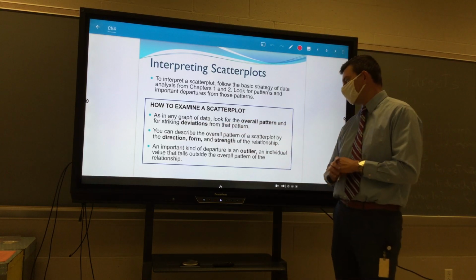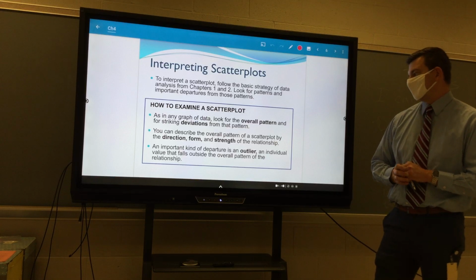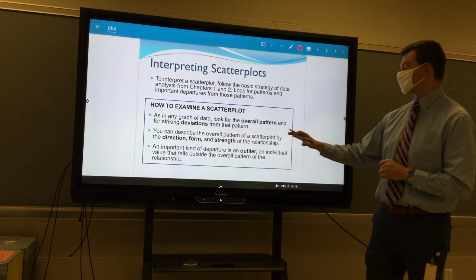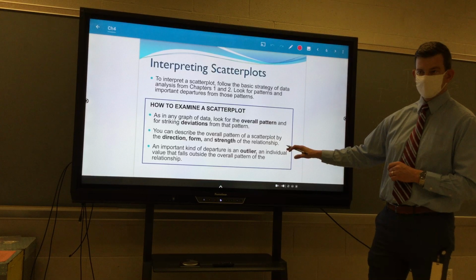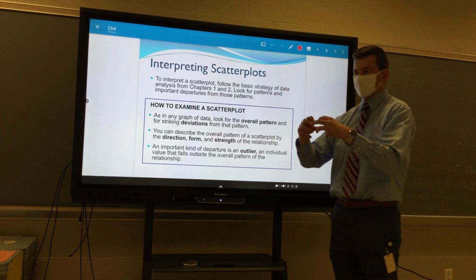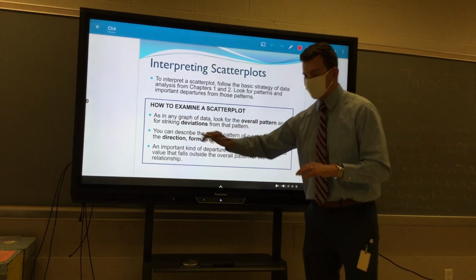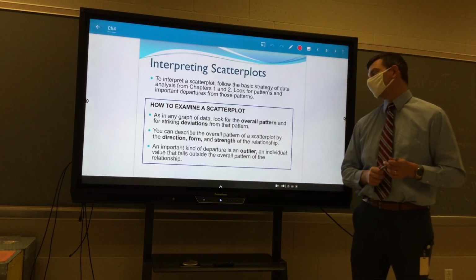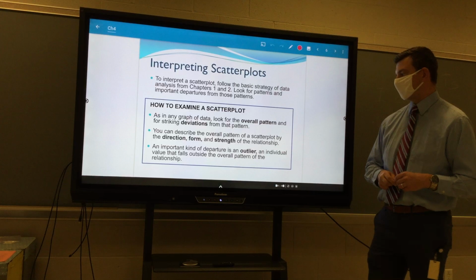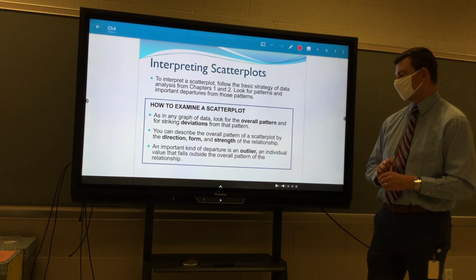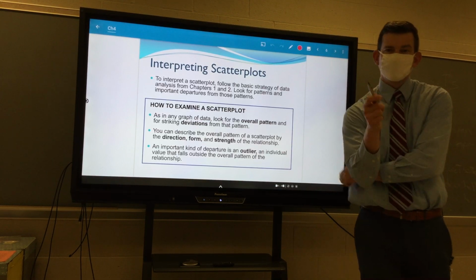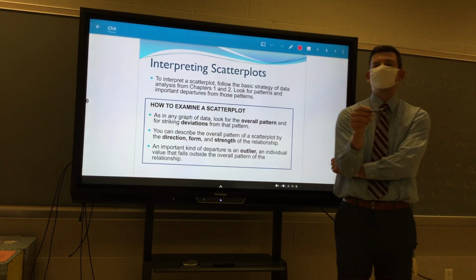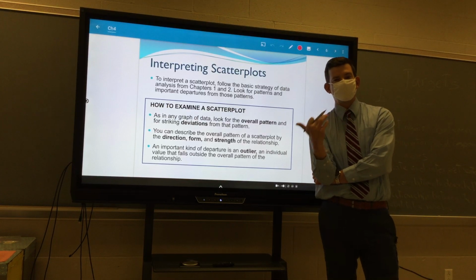You can describe the overall pattern of a scatter plot in the direction, form, and strength of the relationship. And we have a way of measuring those three things into a single number. An important kind of departure is an outlier, an individual value that falls outside the overall pattern of the relationship. And we'll talk about the impact that outliers can have on a scatter plot.